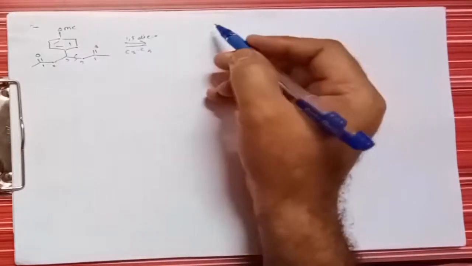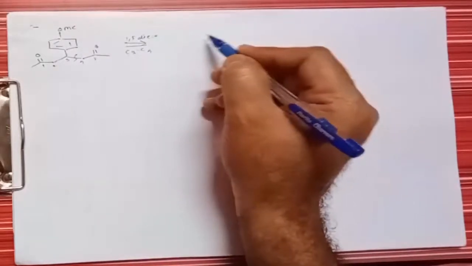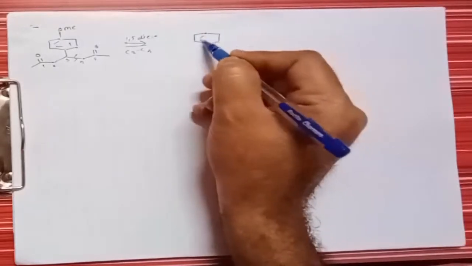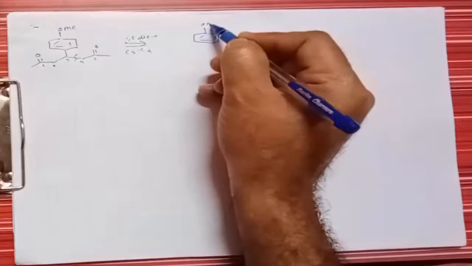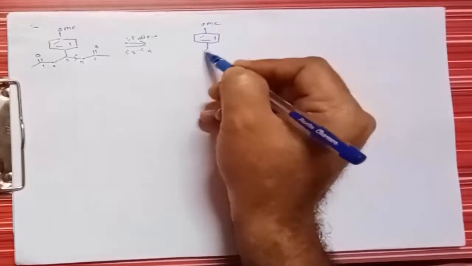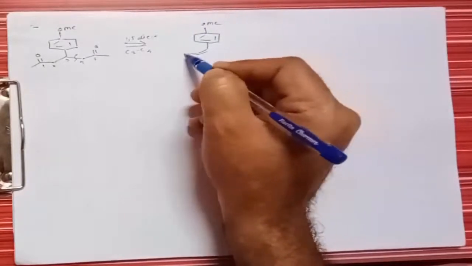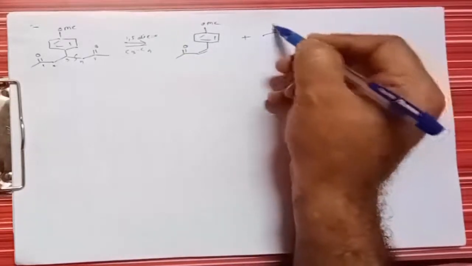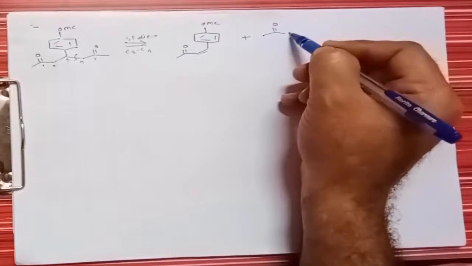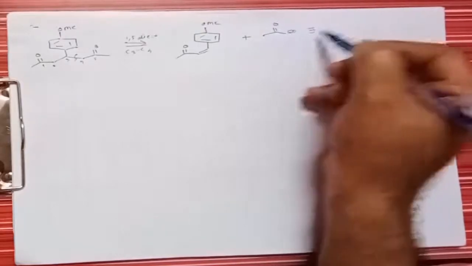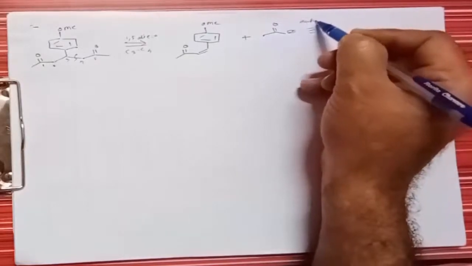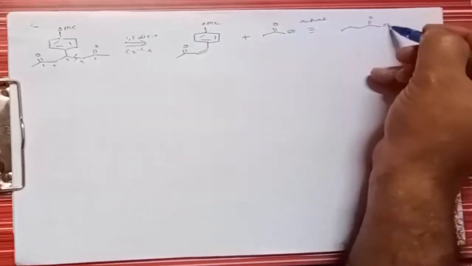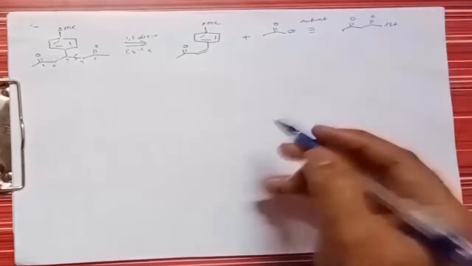So what does it give? From one side it gives an olefin, that is a Michael acceptor, and from the other side it gives a ketone. So here is a Michael addition, plus it gives formation of a ketone like this, which has a negative charge, but we can go for its activation, protection as well as activation. So what does it give? It gives formation of ethyl acetoacetate.